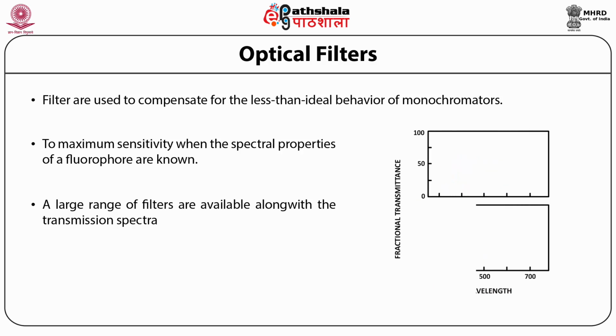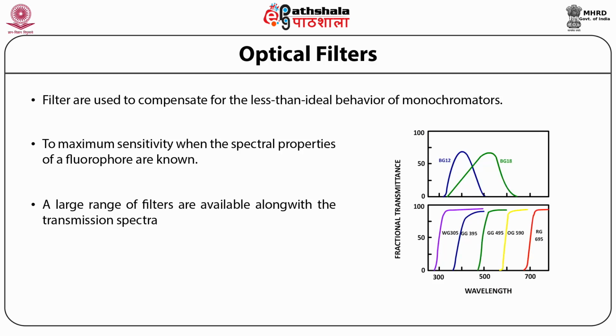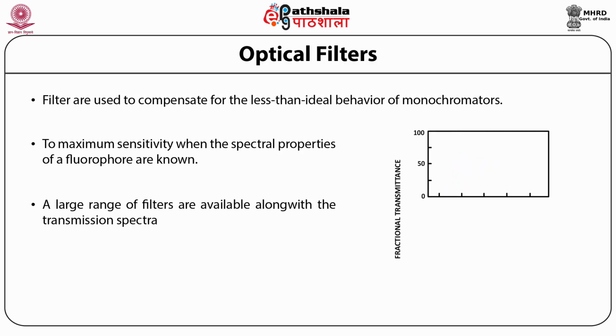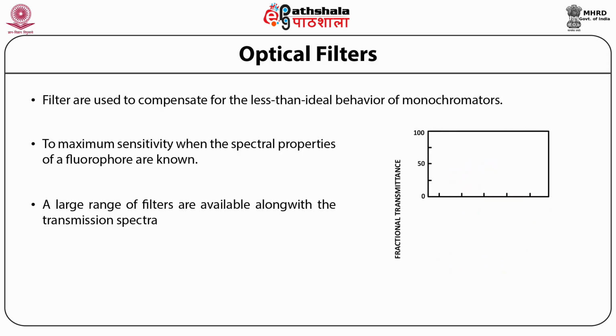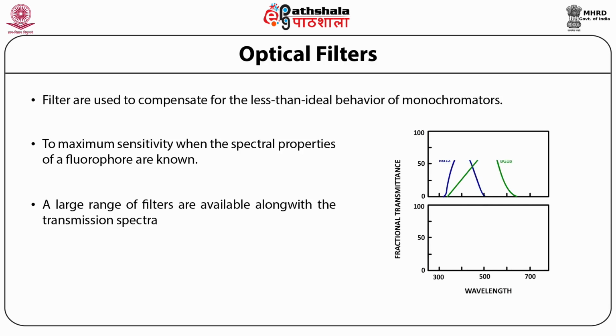You can see part A. Whereas some color filters transmit all wavelengths above some particular wavelength, and are therefore called long pass filters. You can see part B of the figure, wherein you see WG305 to RG695. According to the colors, the filters are classified as BG blue glass, GG green glass, etc.